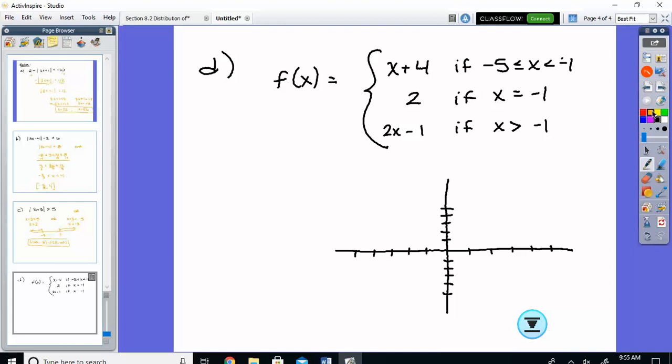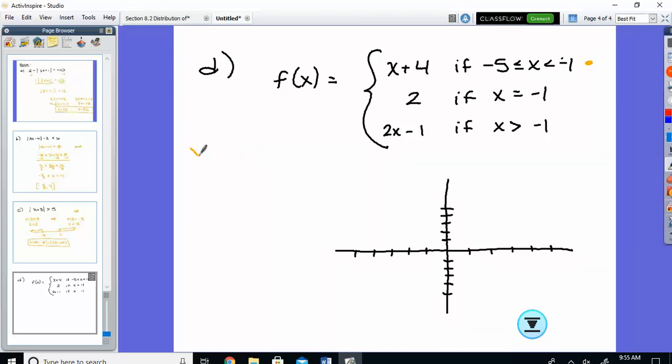Okay, so the first one, it has 2 endpoints, so we have to plug in both the -5 and the -1, and then we could do something in between. The -5 has an equal to, but the -1 does not, so what do we put there? An open circle. If it doesn't have an equal to, it gets an open.